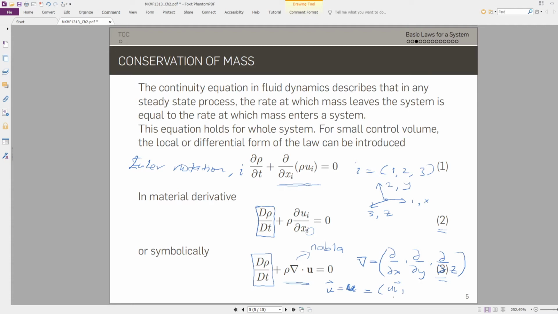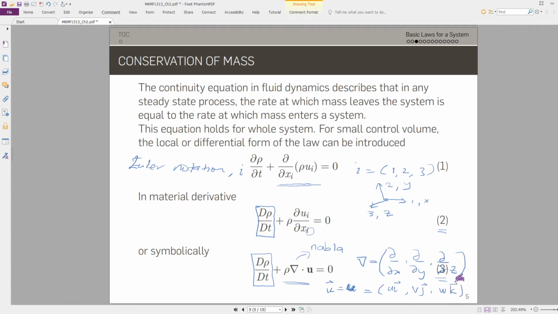We have the velocity in the y direction, which is v, and we use the index j, and then for the velocity in the w direction we use the index k.